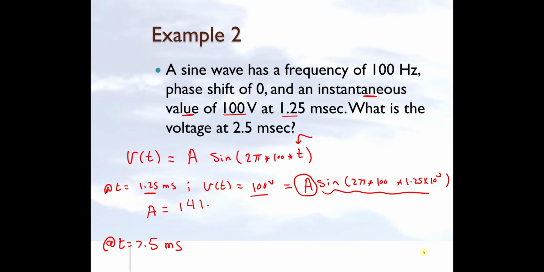If you compute the input argument of the sinusoid, this would give you pi over 2, and sine of pi over 2 is equal to 1. So the instantaneous value of the voltage at time t equal to 2.5 milliseconds is equal to 141.42 volts.